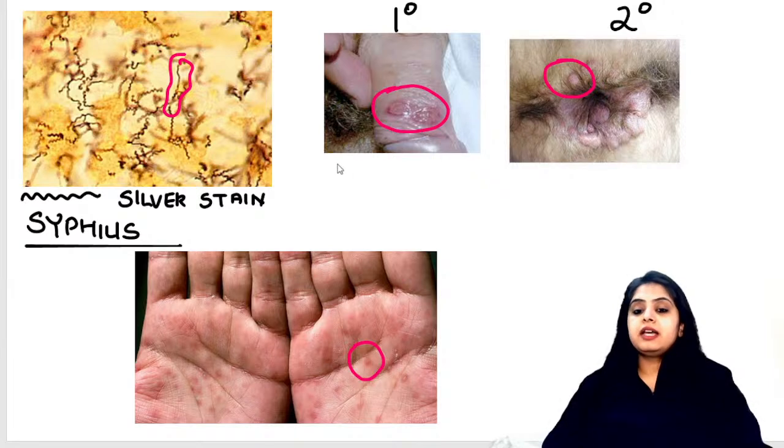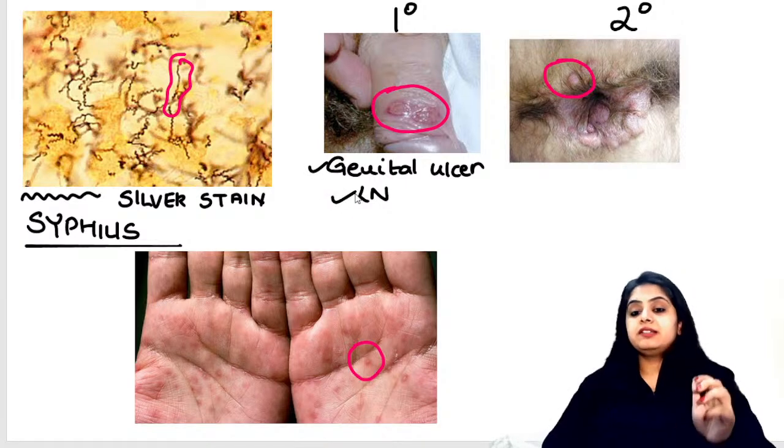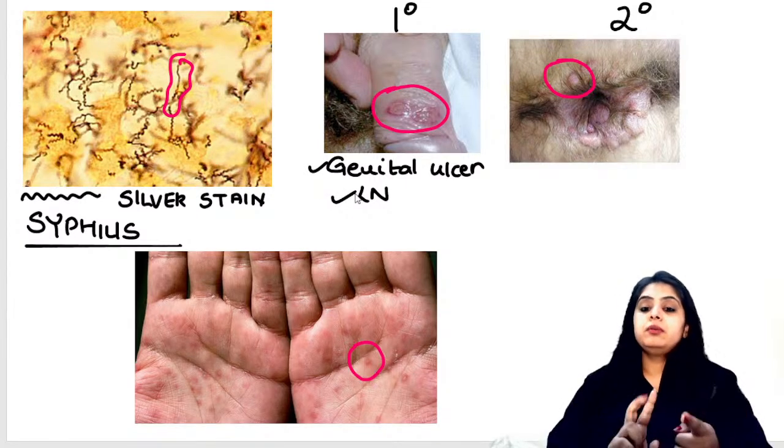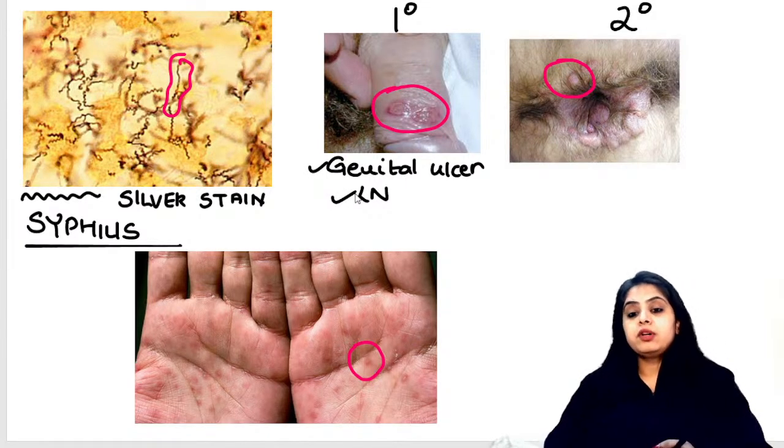What is there in primary syphilis? Obviously, everyone knows there is a genital ulcer. Along with genital ulcer, there can be lymph node also. All of you are going to tell me, is the genital ulcer painful or painless, is the lymph node painful or painless? Tell me both. Painful, painless. What is painful, what is painless, or are both painful or are both painless?